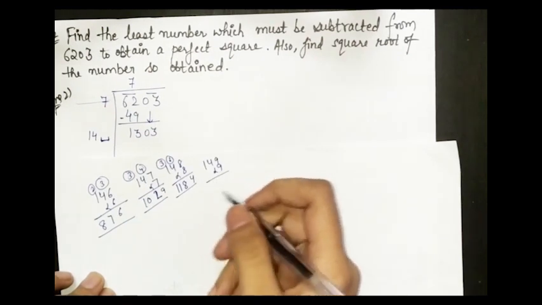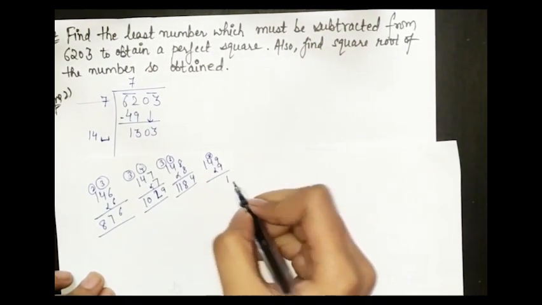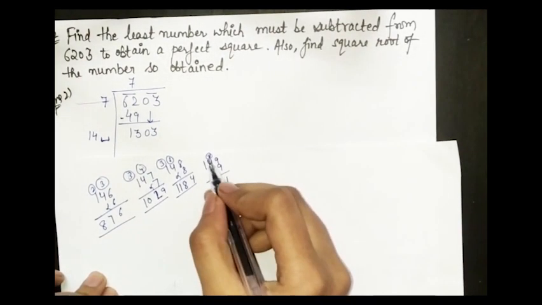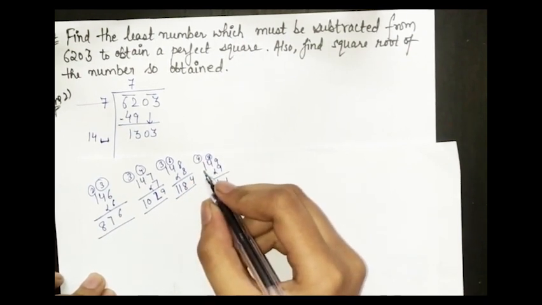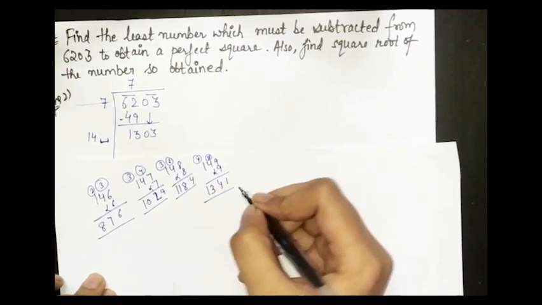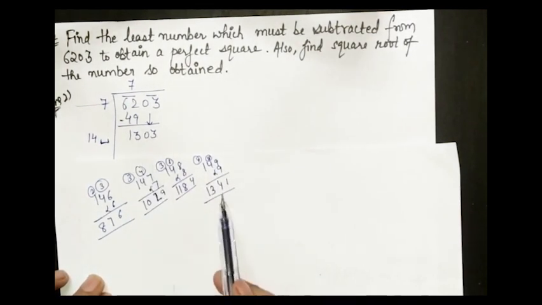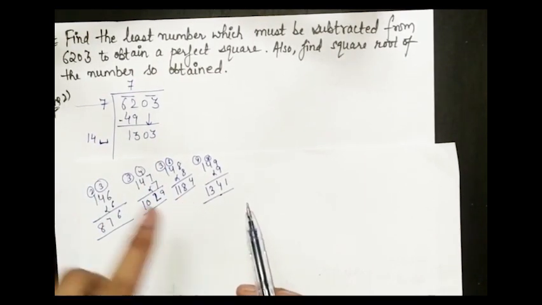So now let's see whether it is divisible or not. 9 9s are 81, 4 9s are 36. Now we will add 8, so that will be 44. 9 1s are 9, 10, 11, 12, 13, means 1341 will be the answer, which is bigger than this. 1341 is greater than this number, so we will take 8, that is 1184.